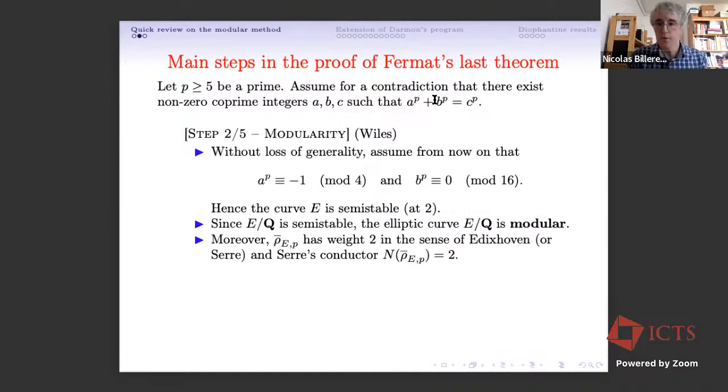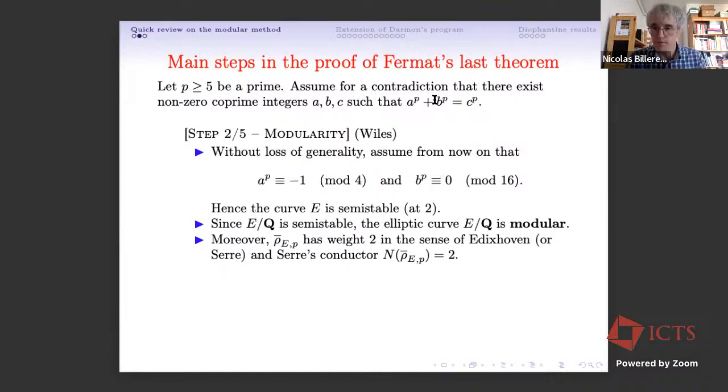The second step, which was the last step proved in the history of the proof of Fermat's last theorem, is mainly due to Wiles and Taylor-Wiles. First of all, just by simple arithmetic considerations, we can restrict ourselves to the following case. Without loss of generality, we can assume that a^p is congruent to -1 mod 4, and that b^p is congruent to 0 mod 16.